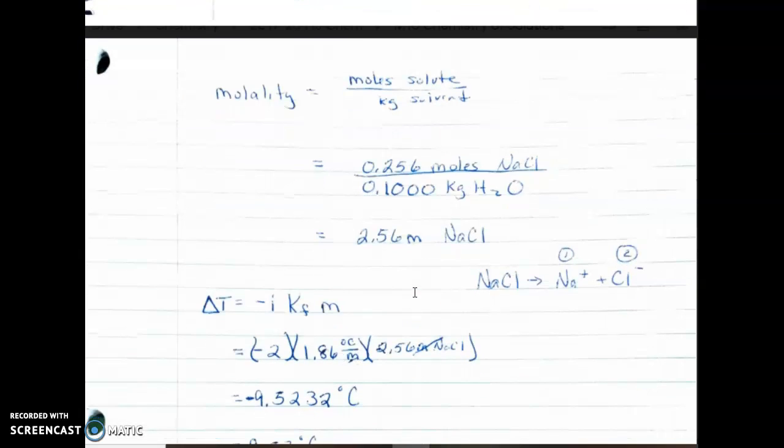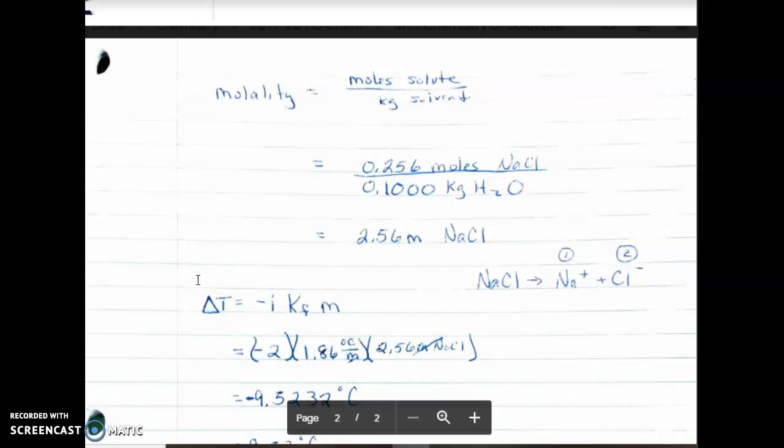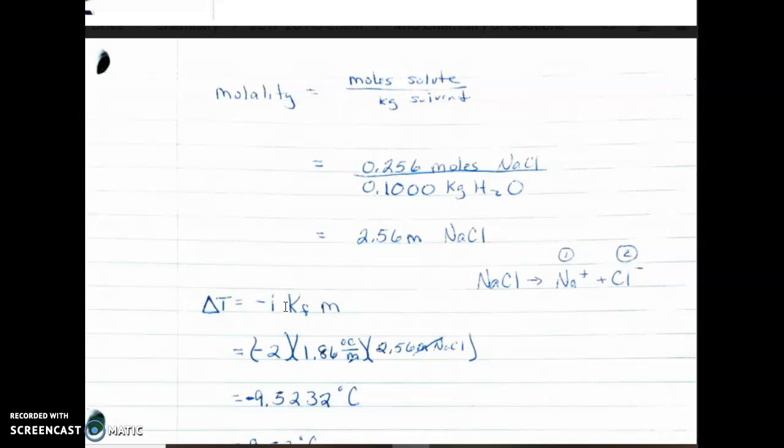So now I know, going back to our temperature depression equation, and remember the change in temperature is what we want to know. I know my Kf, that's my constant. Now I know my molality is 2.56 molality of sodium chloride. That's this number here. How do we determine the I value?